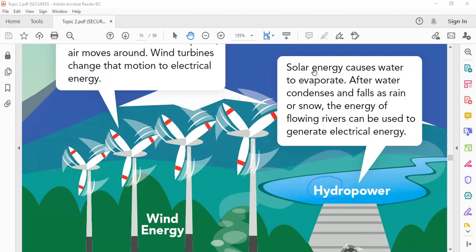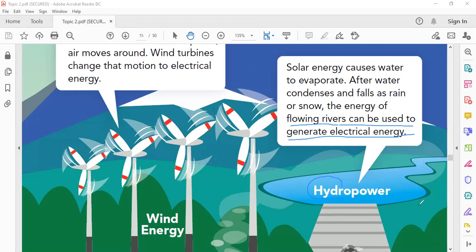When solar energy heats water, when water gains energy, it changes to water vapor. After water condenses and falls as rain or snow, the energy of flowing rivers, okay, this is very important, can be used to generate electrical energy. So people can also use the hydropower, the energy of water, to generate electrical energy.